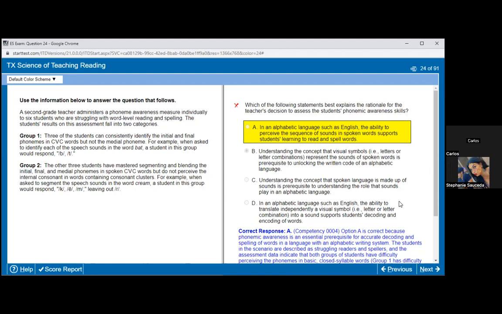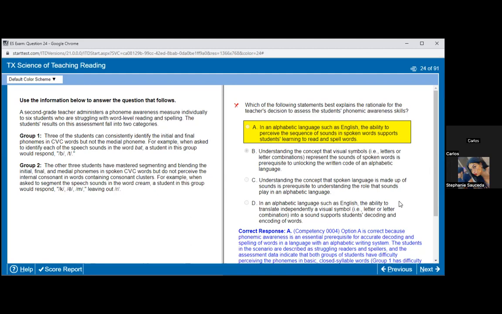So the ability to perceive the sequence of sounds, that phonemic awareness skill to hear the individual speech sounds, is essential and supports students learning to read and spell words correctly. It's important for them to be able to hear, because they're going to start spelling phonetically, right? The more they understand the individual speech sounds that are there, the more correct their reading and spelling will be.